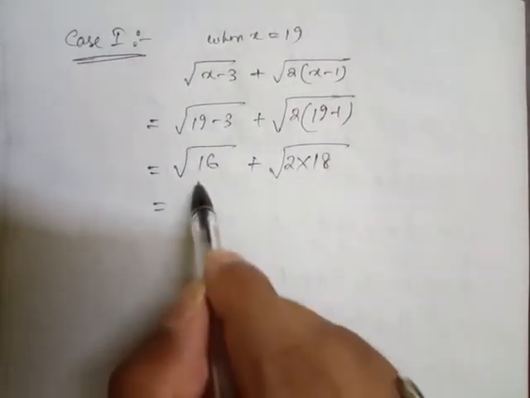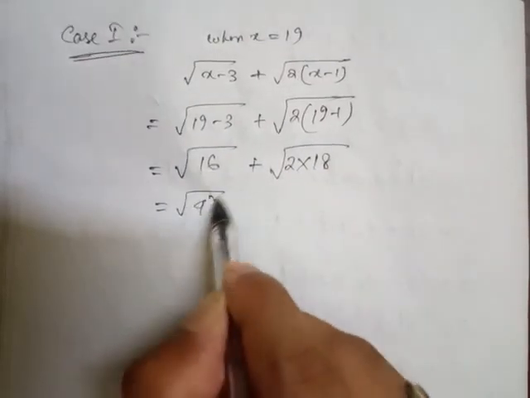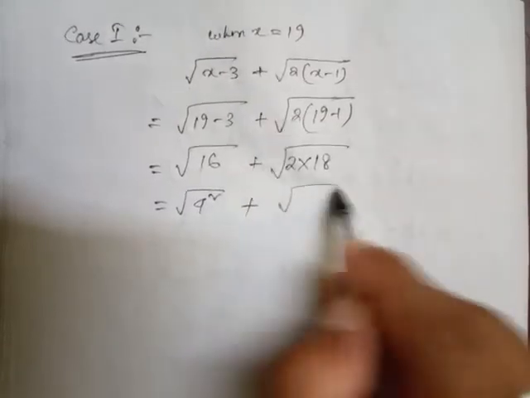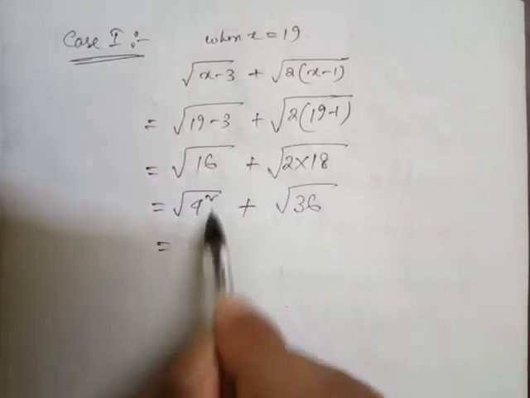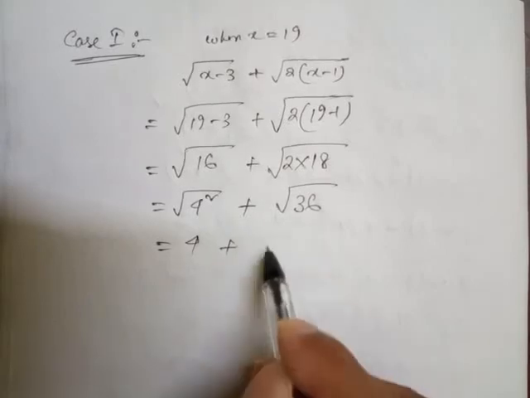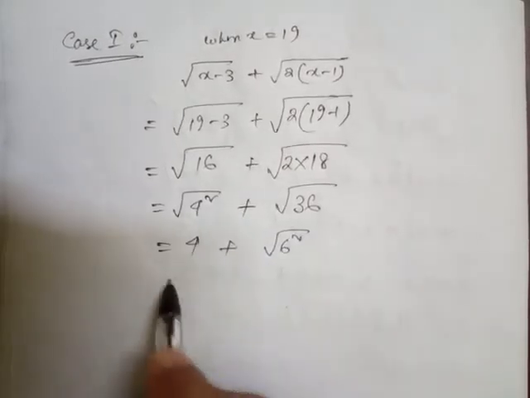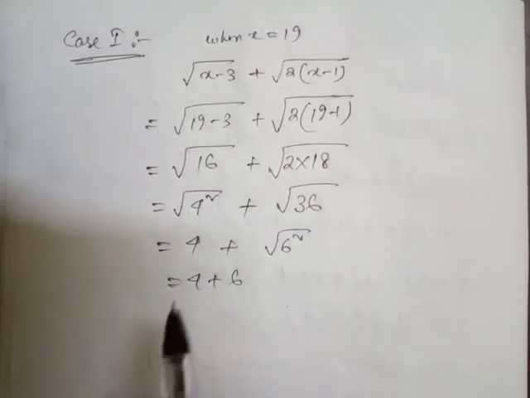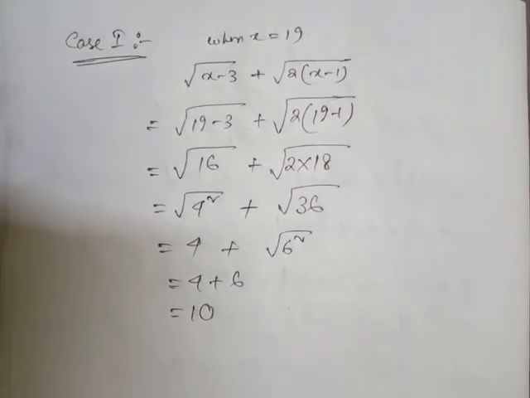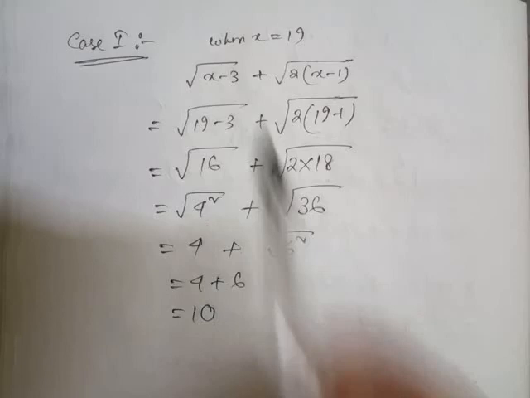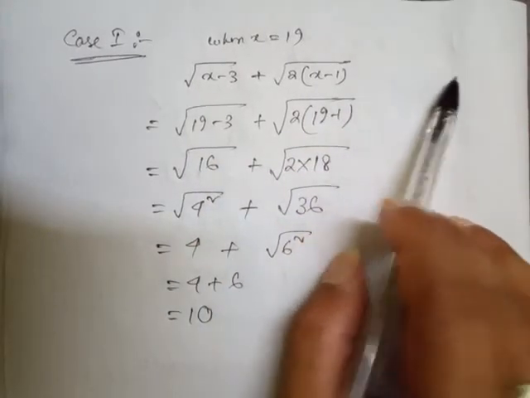Now look, 16 means 4 squared, plus 36 means 6 squared, the square roots cancel, so 4 plus 6, which means 10, which does not satisfy the equation, because in the question this is equal to 2.